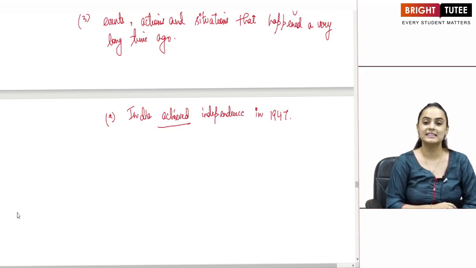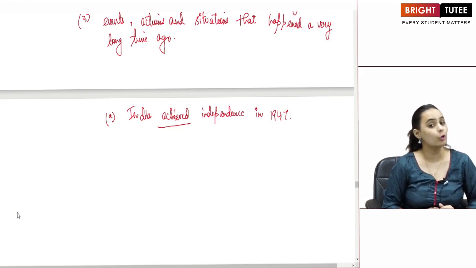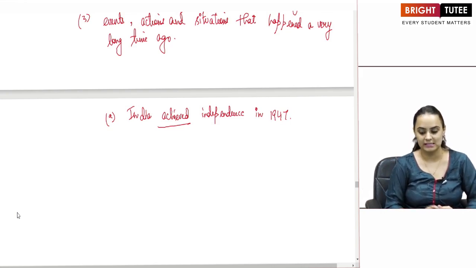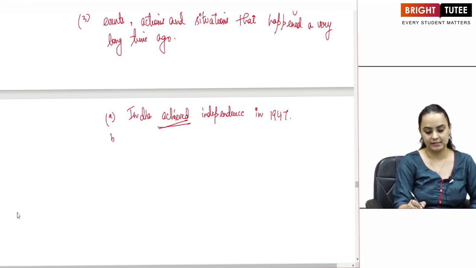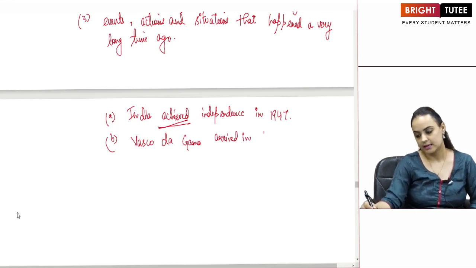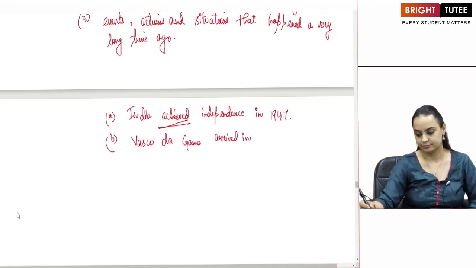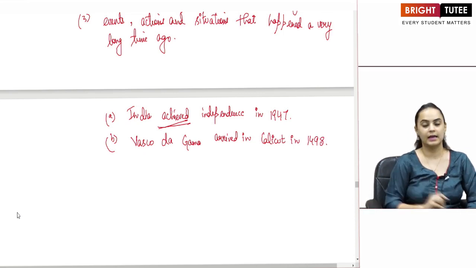So India getting independence was something which took place long back in the year 1947. Therefore, simple past tense. If I say Vasco da Gama arrived in Calicut in 1498.